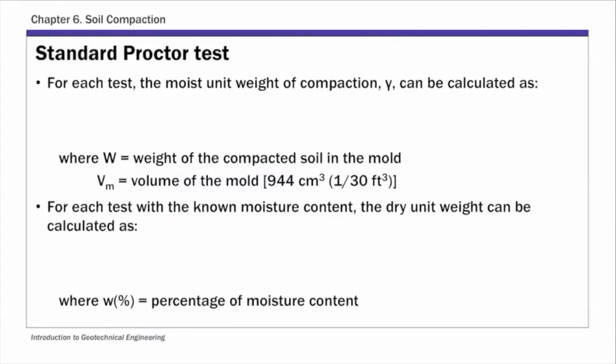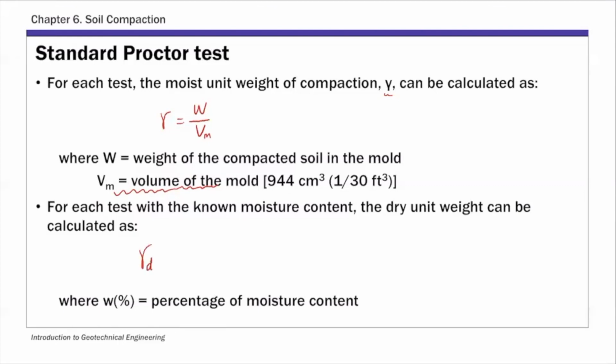In the standard Proctor test, for each test, for each soil sample, you have a moist unit weight. We call that gamma, the total weight over total volume. And in the standard Proctor test, you know the total volume is the volume of the mold, so that's a fixed number. You also know the moisture content, since you can measure the moisture content of your soil sample. And from that, you can calculate the dry unit weight.